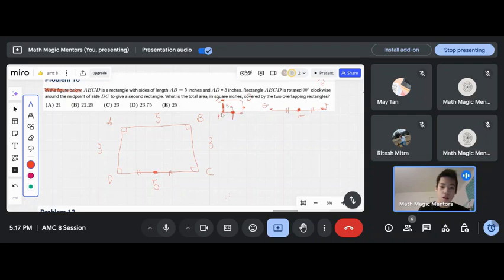Oh, sorry, this is D. C should be around here, and B should be around here. So it should be like that. Again, this comes from a little bit of practice, because that's what transformation problems are all about. It's kind of like visualizing where the new points go, and how the new image corresponds with the original image.